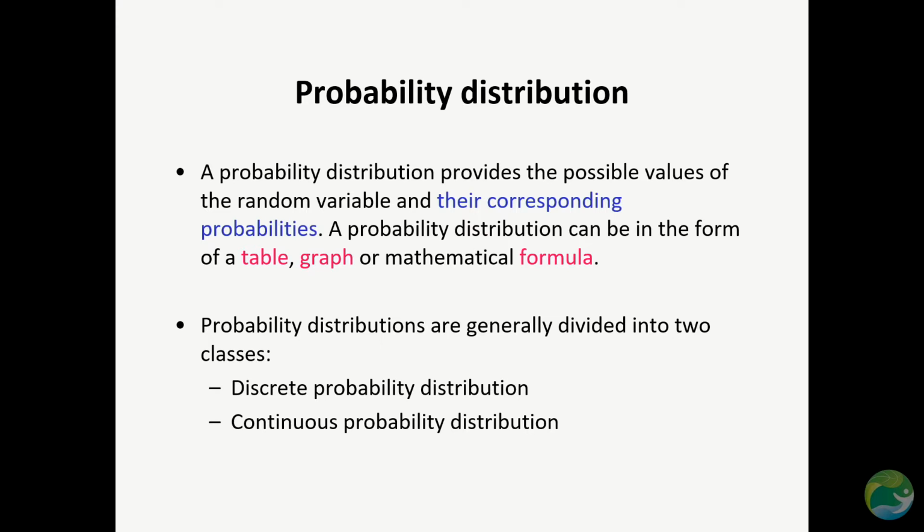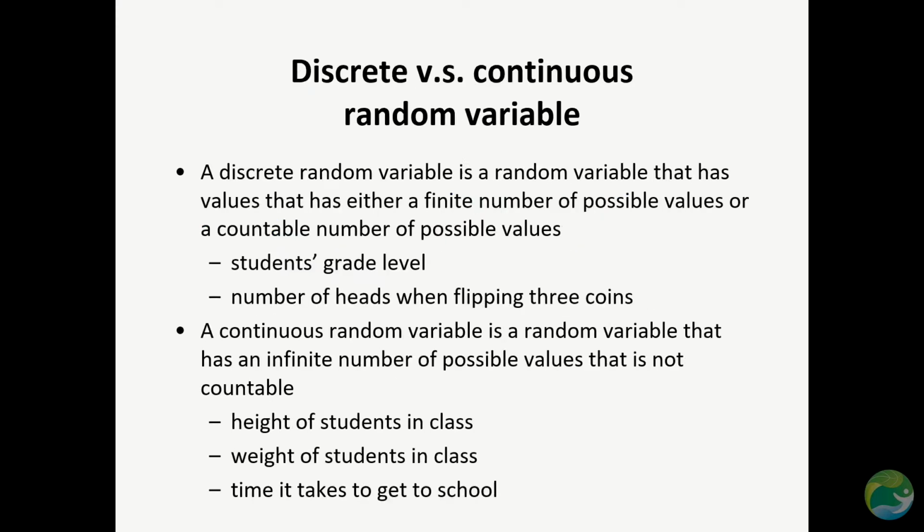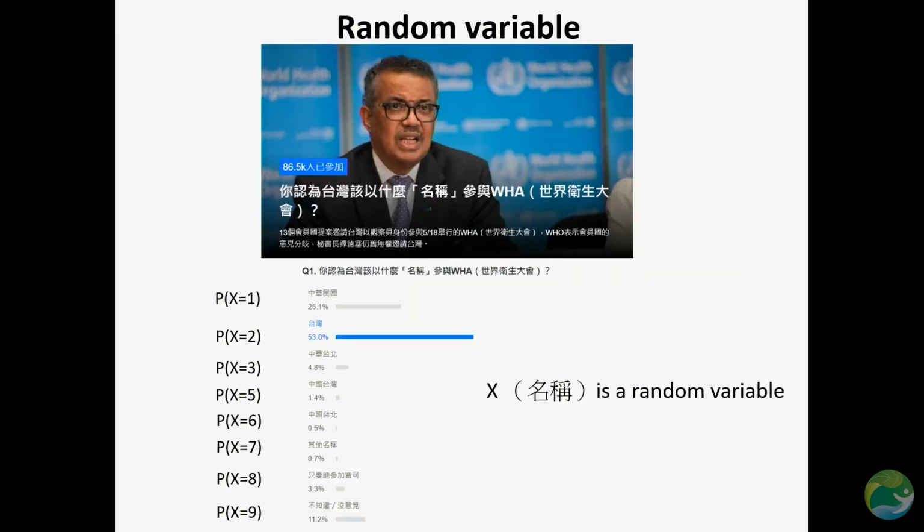In this case, here is the probability and here is the distribution. This outcome has the highest probability, and this outcome has the lowest probability.